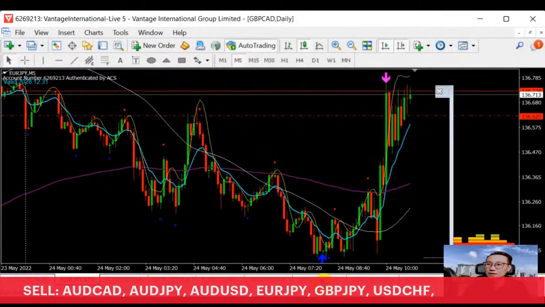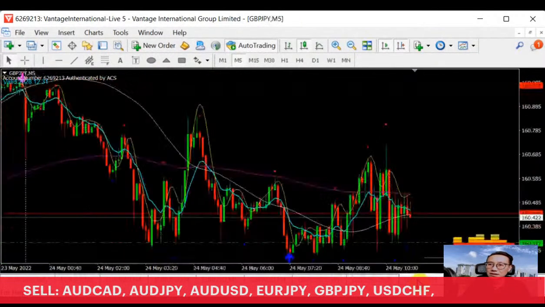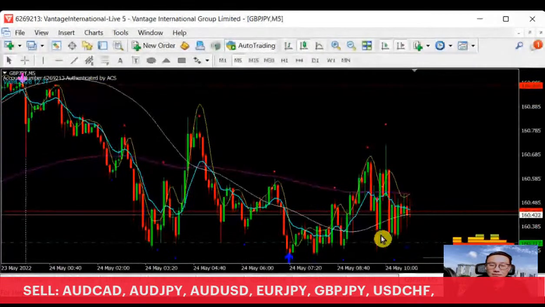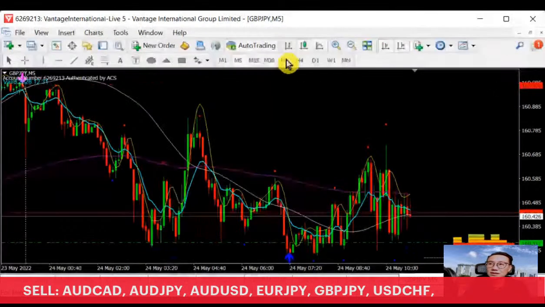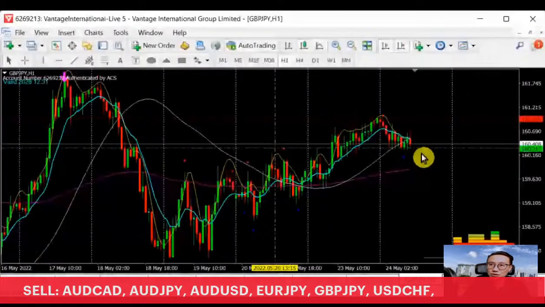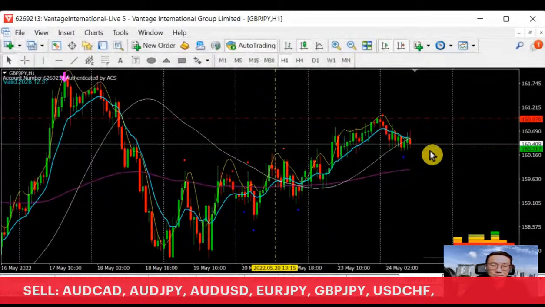So as we can see, I have my pound yen in my selling list today. However, I have not taken any action. First thing first, at this level we are actually facing a lot of support. Since this is a support area, and the point we enter is very near to the support, would it be good for me to sell?